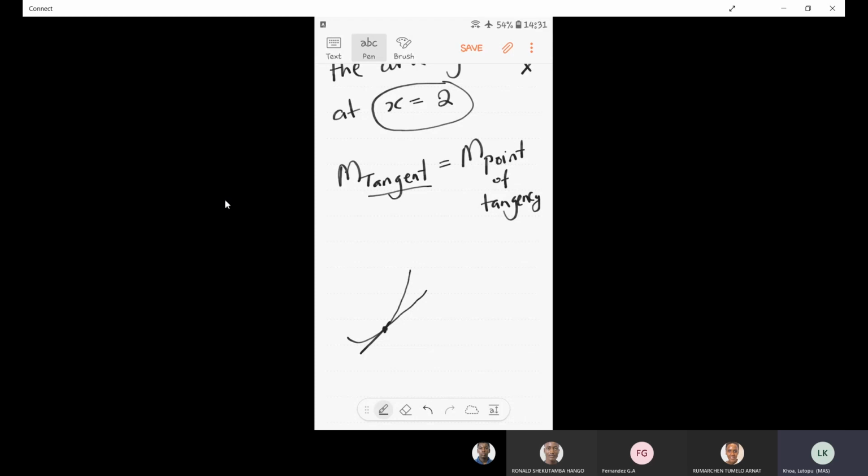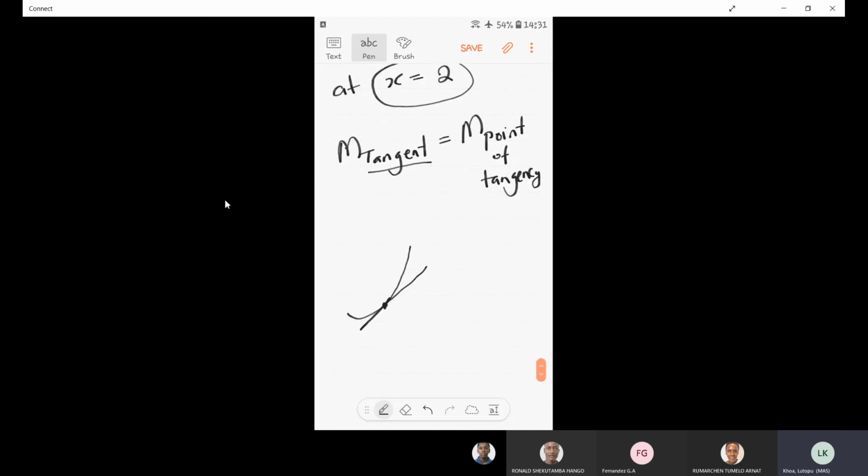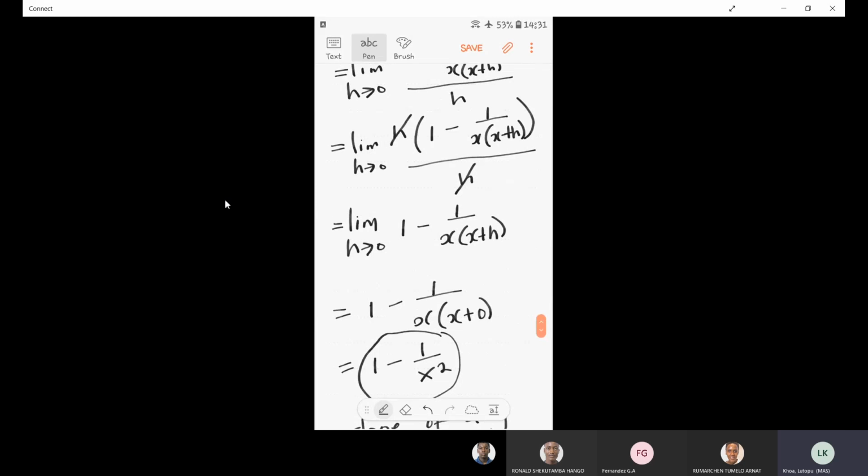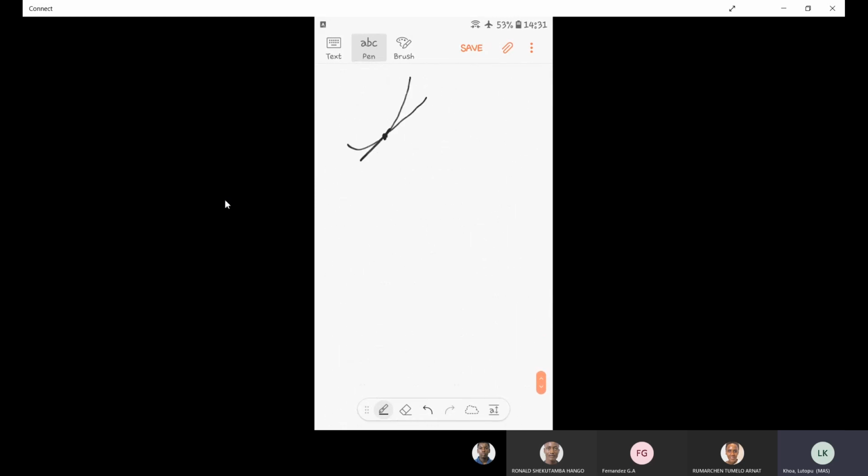So we already worked out the formula for the gradient, and it is this one over here. So I need to work out the gradient at x is equal to 2. So I will just substitute.